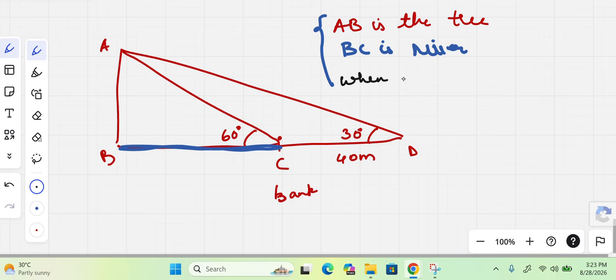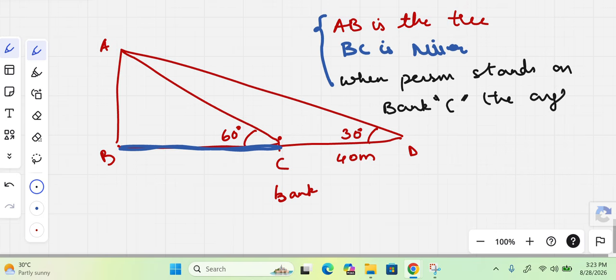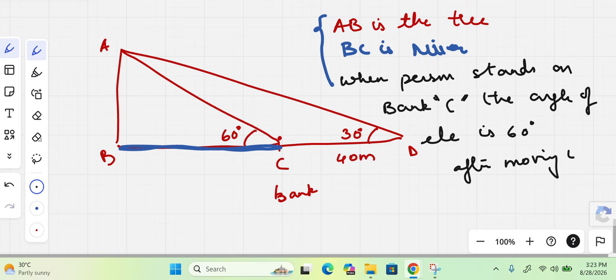When person stands on bank C, the angle of elevation is 60 degree. After moving 40 meters away, the angle of elevation is 30 degrees. You have to say this. Description is very important.